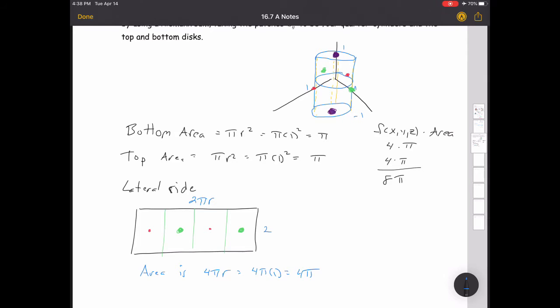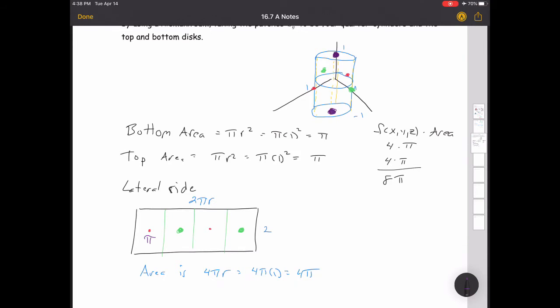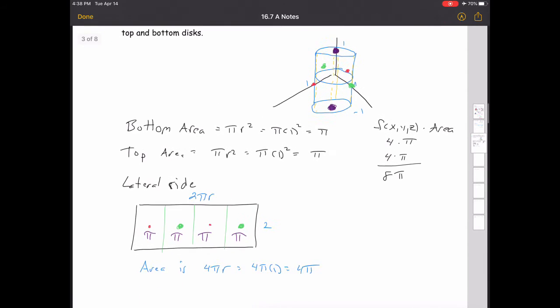So if we're going to split this into 4 equal sections, then each one of these pieces is pi, because the whole area is 4 pi and these have to be equal sections. Okay, I have to go back up and look at that. The red dot, which was the x one, represents 2.